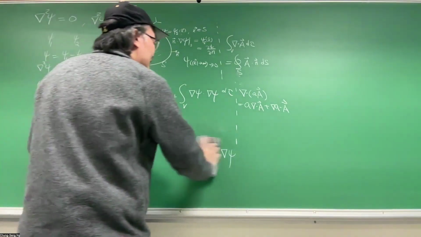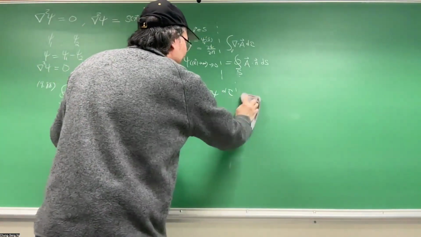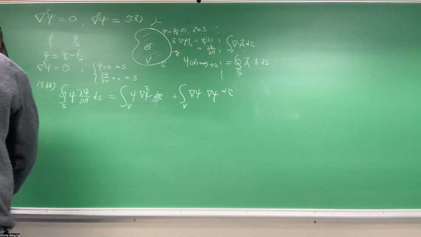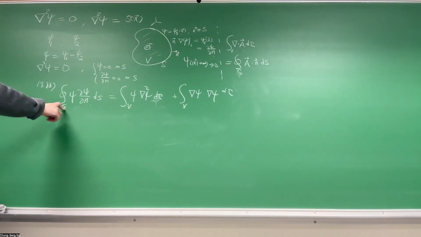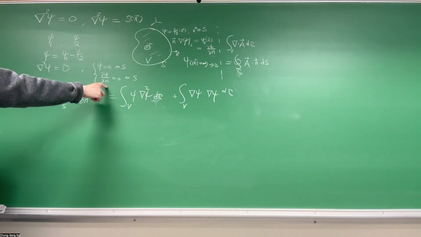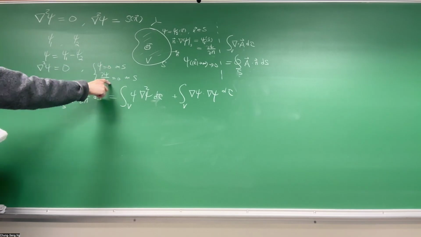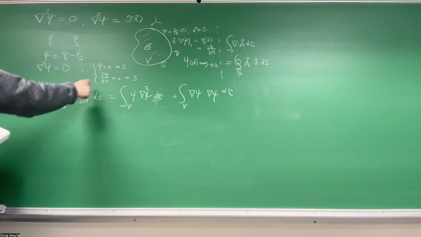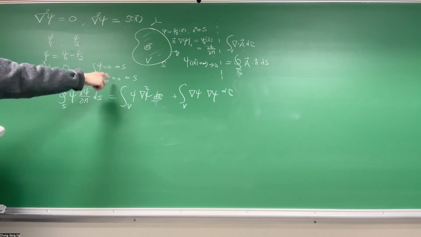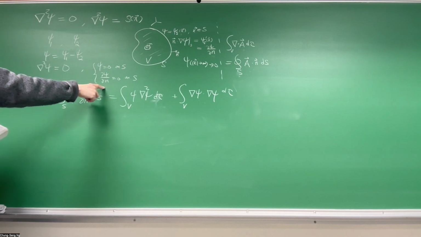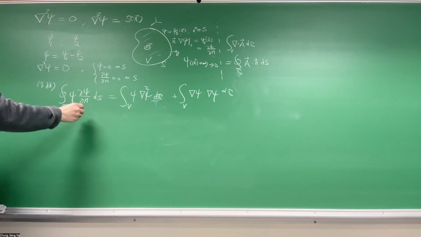Now the argument is that psi is zero, or partial psi partial n is zero, or part of the boundary one and part the other. But either way, this boundary term is zero.